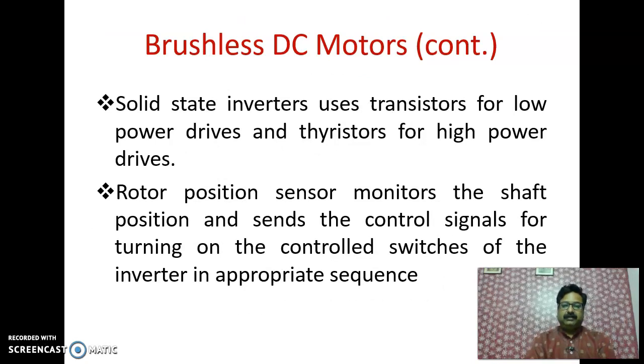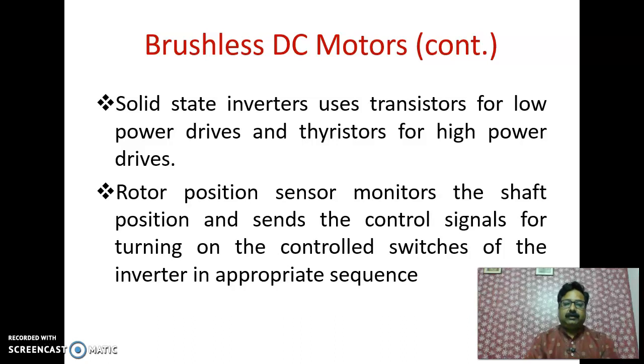So as we have seen in the figure, solid state inverters use two types of switches. One is a transistor and another is a thyristor. The choice of transistor or thyristor is based on the power rating. If the power rating is low, transistors are used, and if the power rating is high, thyristors are preferred.